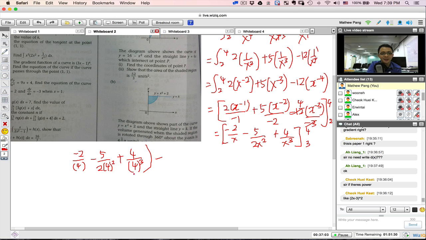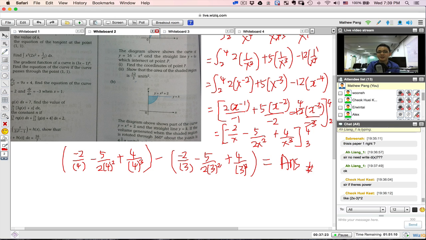And then I minus, I substitute 3 into here: negative 2 over 3, minus 5 over 2 times 3 squared, plus 4 over 3 cubed. Then you press the calculator, and supposedly you will get the answer. This is how we solve a question like this.